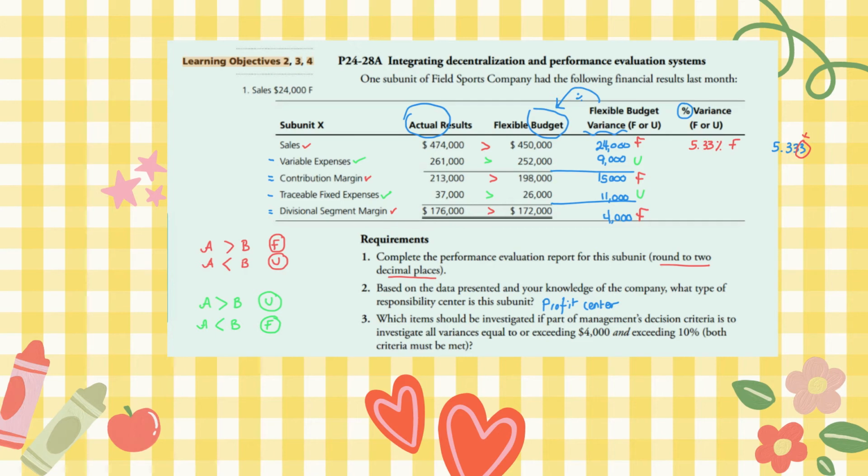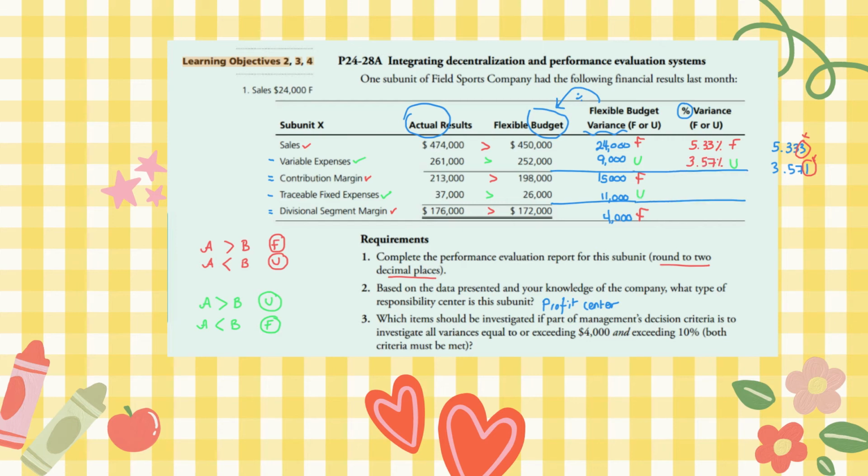Let's do the same thing for variable expenses. 9,000 divided by 252, then multiply the answer with 100. The answer will be 3.571. So I need to look at the third number. It's 1, so it's not greater than 5, so I'm gonna keep it as 3.57%.